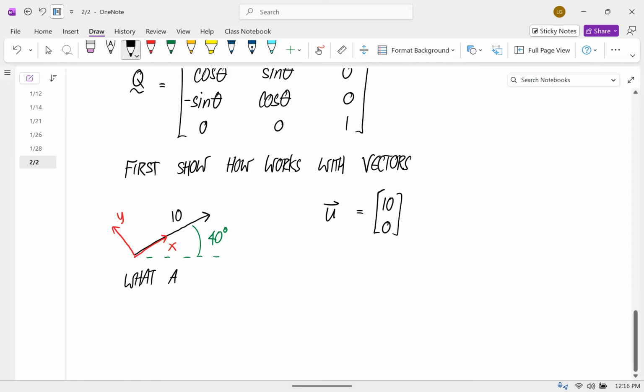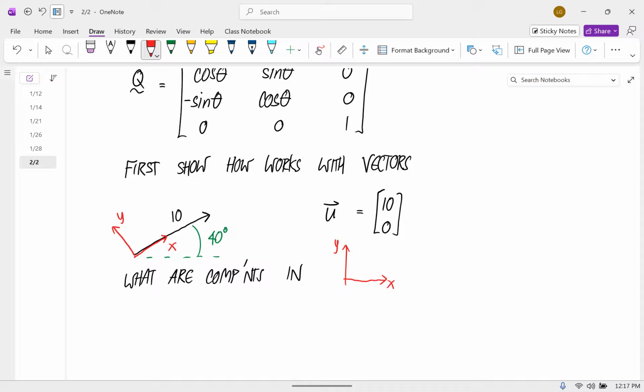And we want to know what the components are in a coordinate system like this. Well, if you just make that right triangle and do the right angle trigonometry, for the x-axis it's going to be 10 times the cosine of 40.